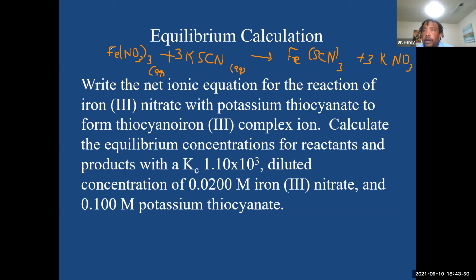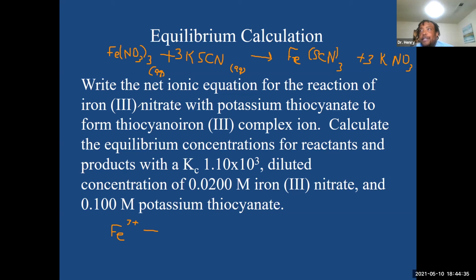Okay, so then our total ionic equation now is going to be, or I'm sorry, the net ionic equation is going to be Fe3+.